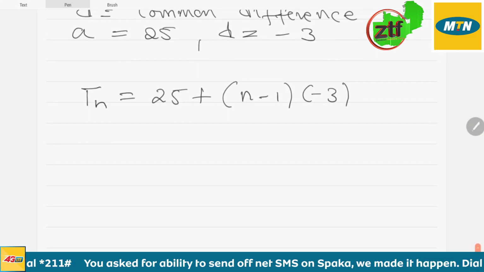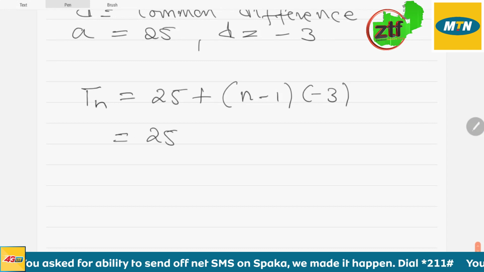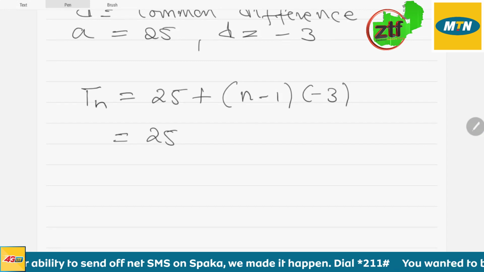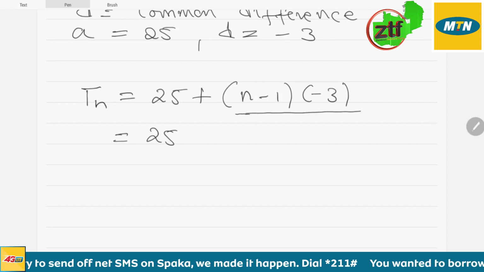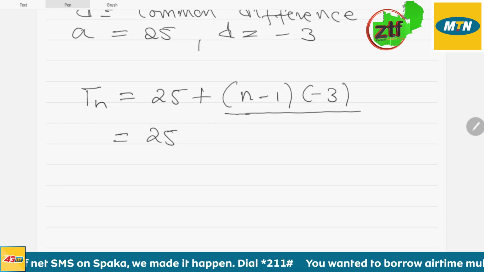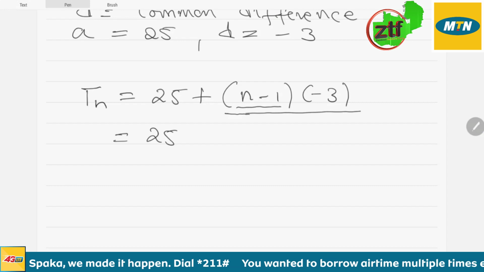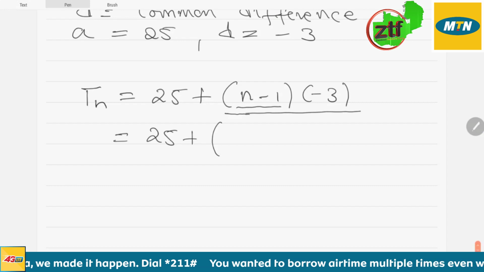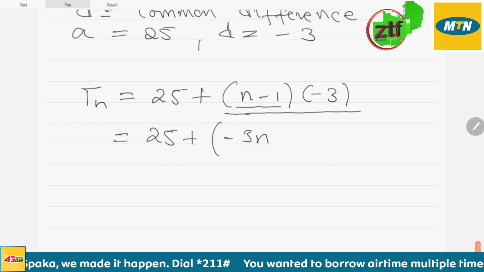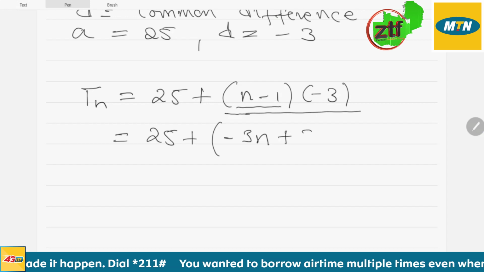Now I will first distribute this negative 3 by expanding, which is I will multiply negative 3 by each term inside the brackets. So this will give us negative 3 times n, I'll get negative 3n, then minus 1 multiplied by minus 3, I'll get positive 3.